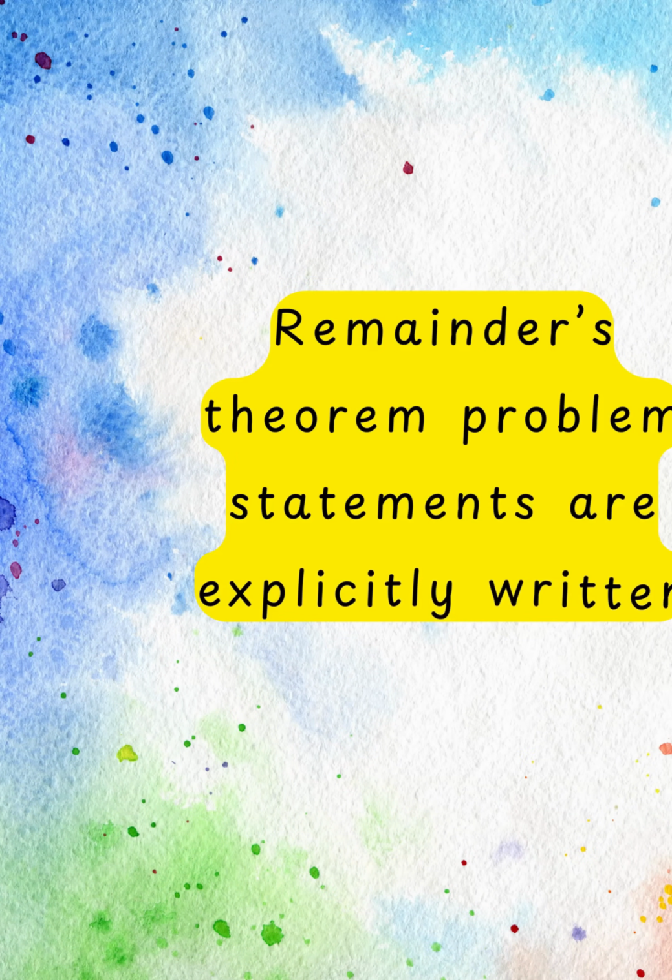So do not get confused whenever you see any number in the ratio format. If they are only asking to find out the remainder, then express numerator as dividend and denominator as divisor. Else the problem could be from other topics, not from the remainders theorem.